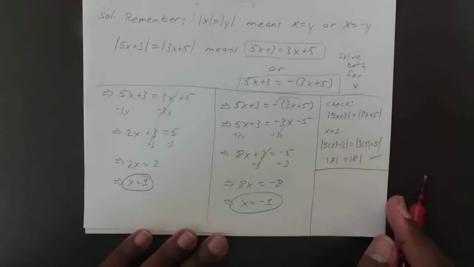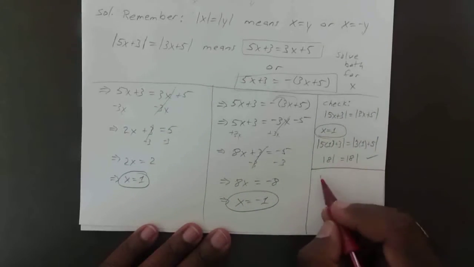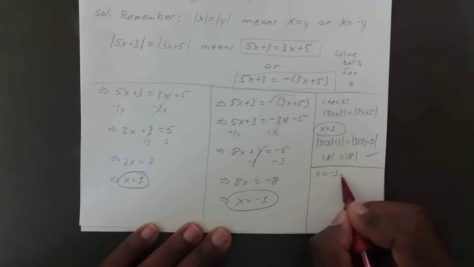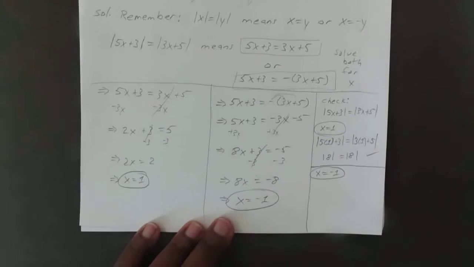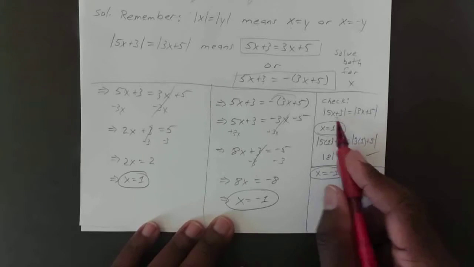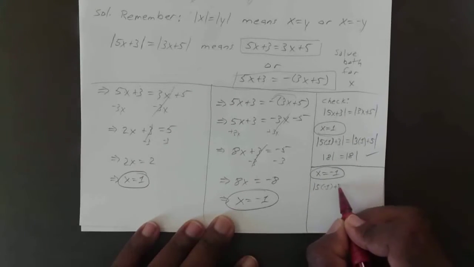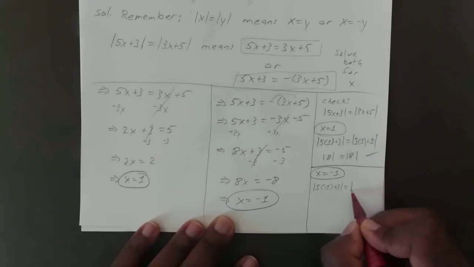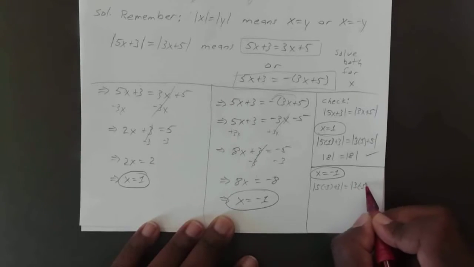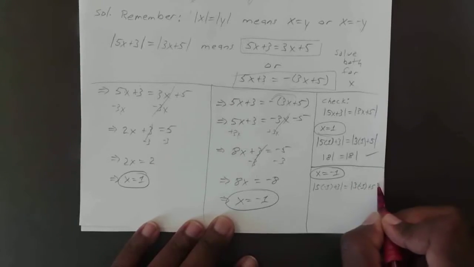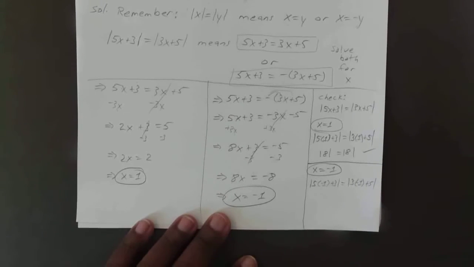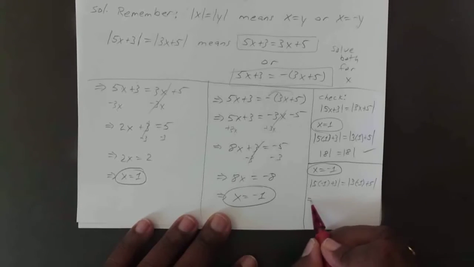So what if we let x equal negative 1? Okay, so we know that 5 times negative 1 plus 3 equals 3 times negative 1 plus 5. 5 times negative 1 is negative 5.